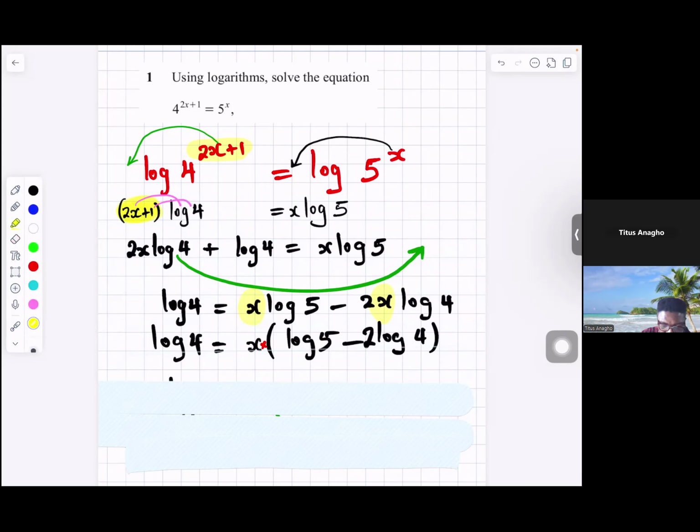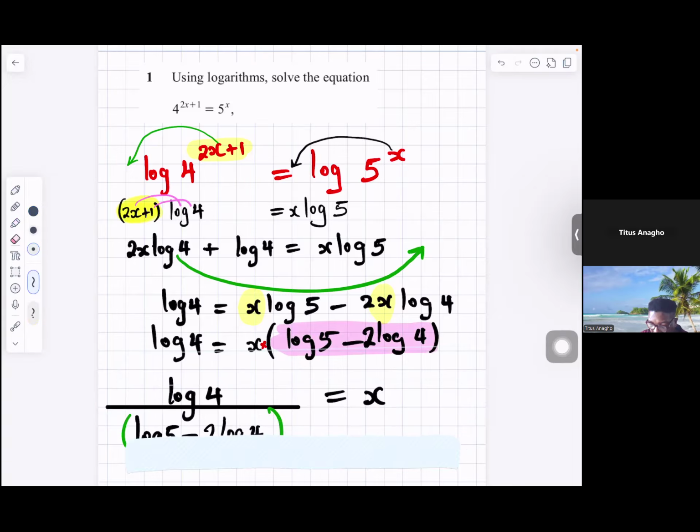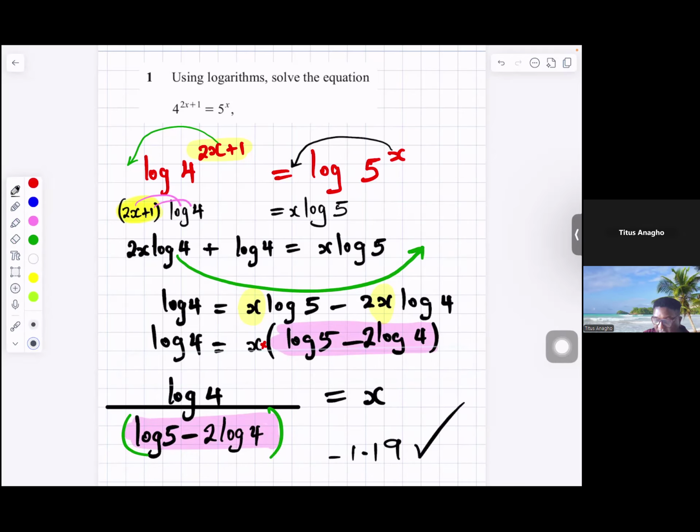You take all of this as a package, and then you do the division. So it becomes log 4 divided by all of that bracket, and that will give you the answer of minus 1.19. So that's another way to do that question.